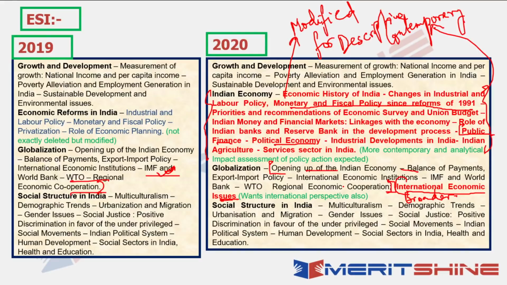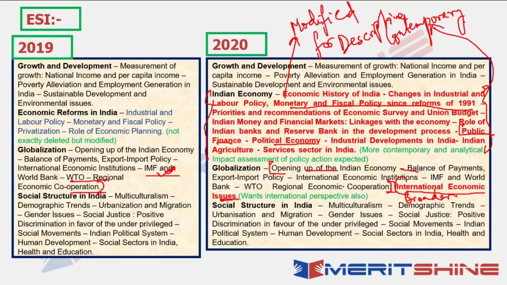Okay. So, for example, FATCA, the Basel norms, or the Sarbanes-Oxley Act. These were global phenomena, and these are being adopted by the Indian government too. So international economic issues definitely become very important for your understanding of economics as a whole.